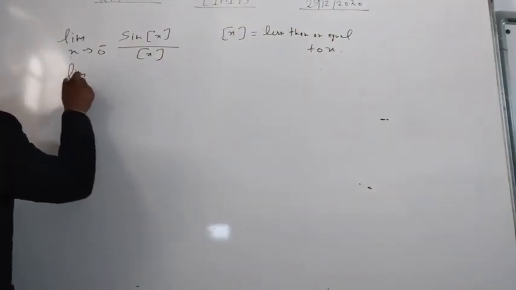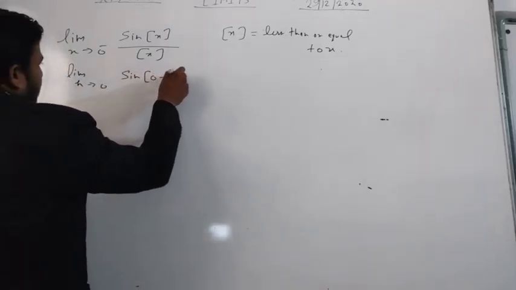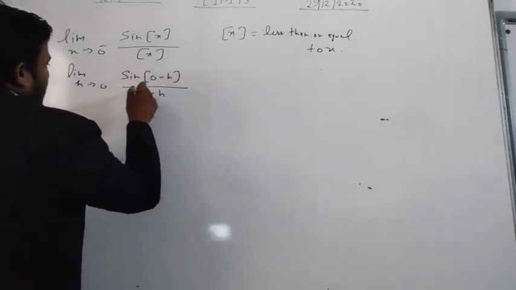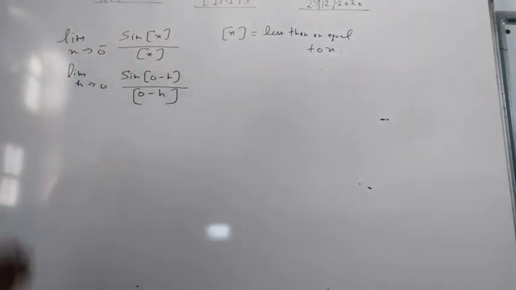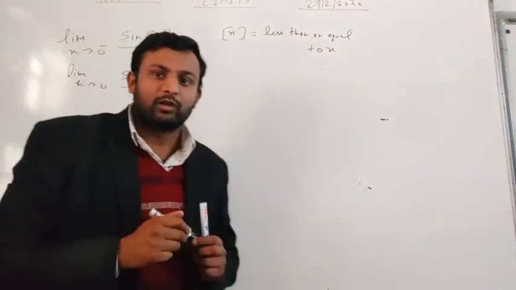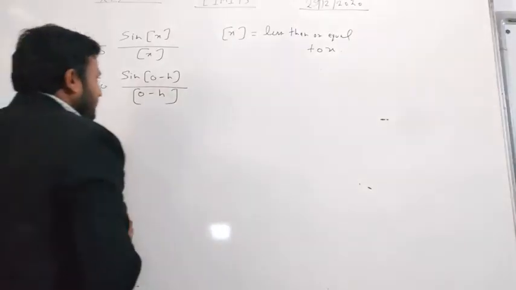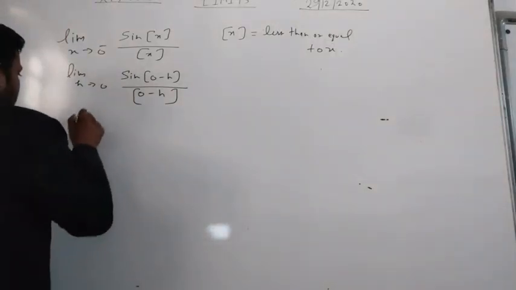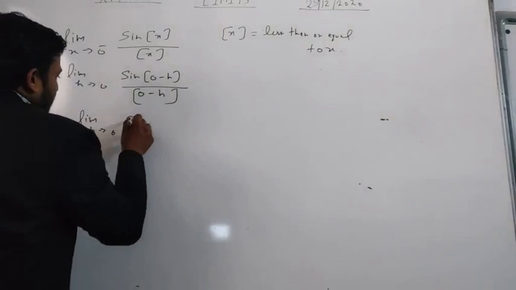So we can write limit h tends to 0 sine of 0 minus h and 0 minus h. Now student, suppose we take this h as a very small quantity like 0.1, 0.5, or 0.3.